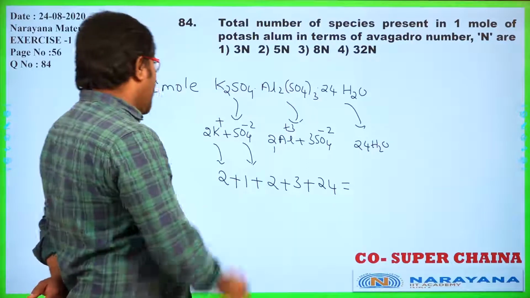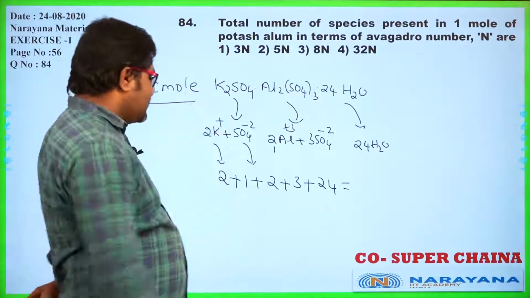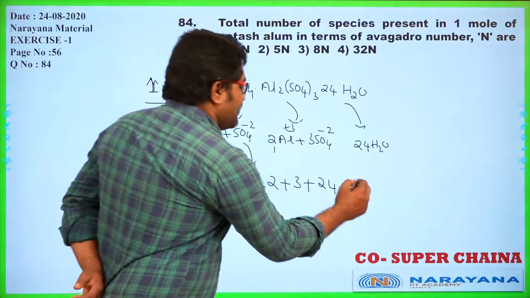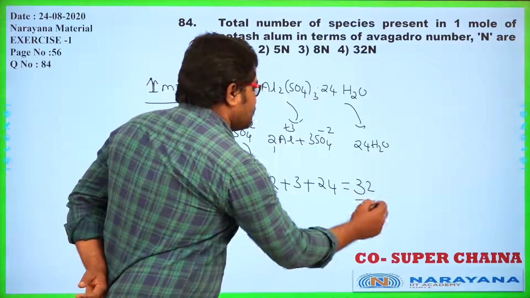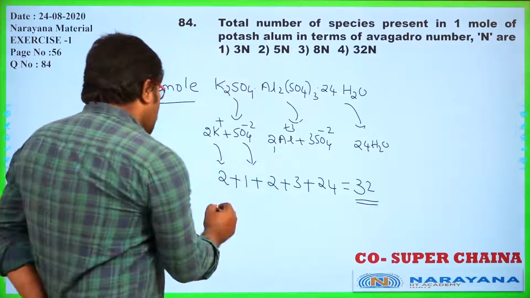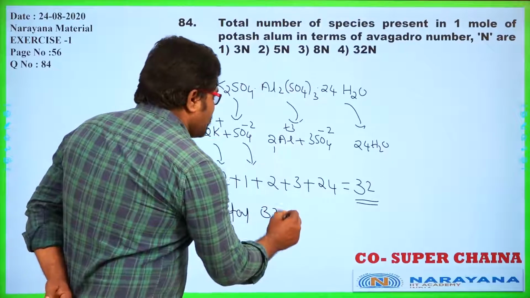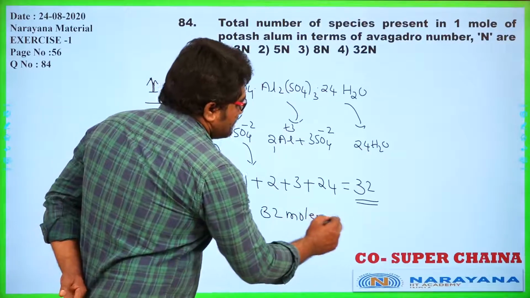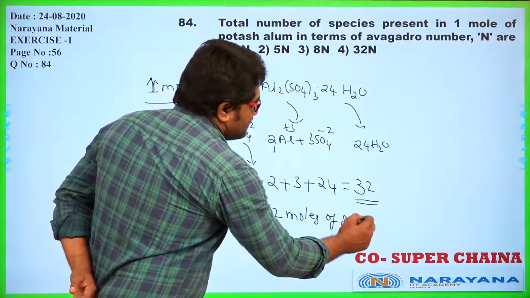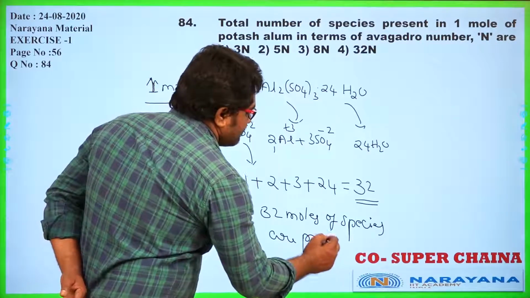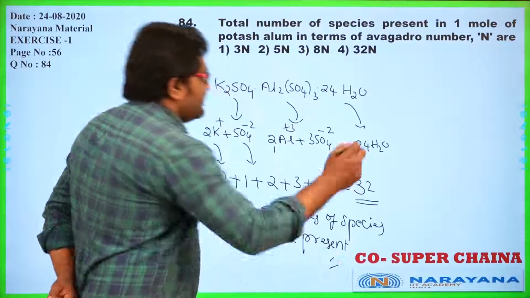From 1 mole that means 2 plus 1 is 3, 5, 8 and 32. So we have a total of 32 moles of species present.